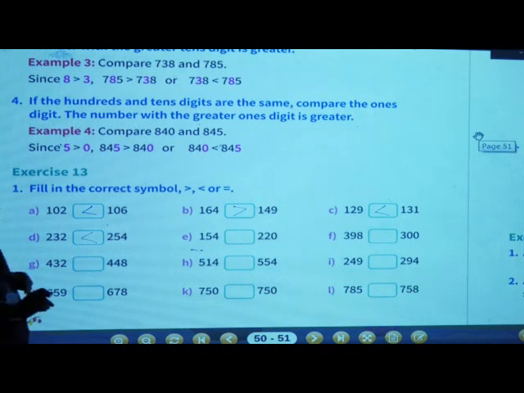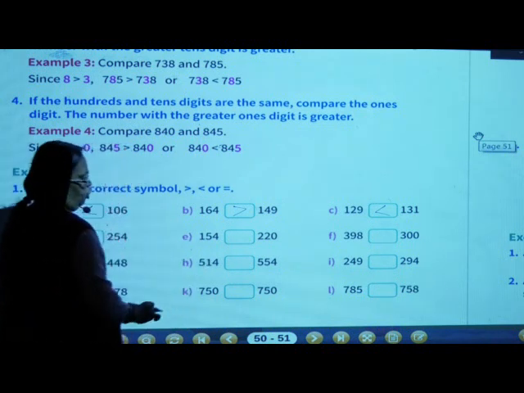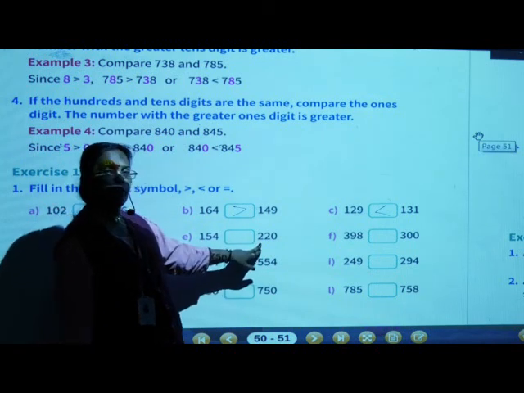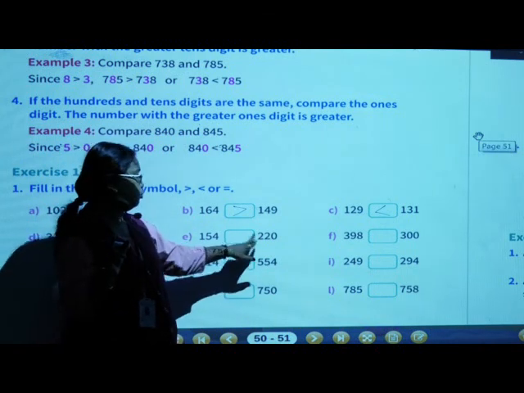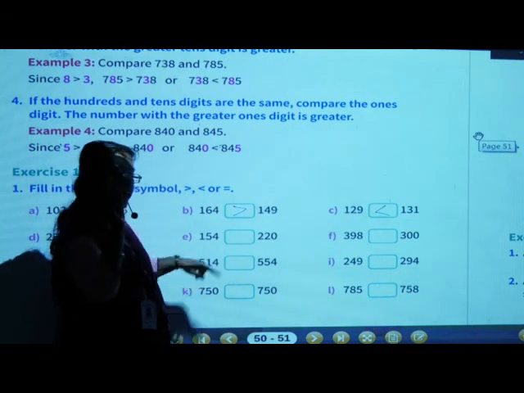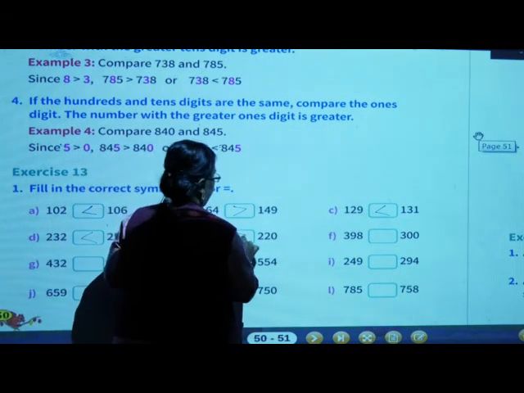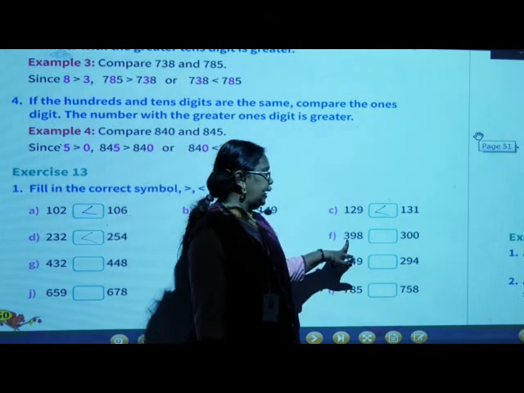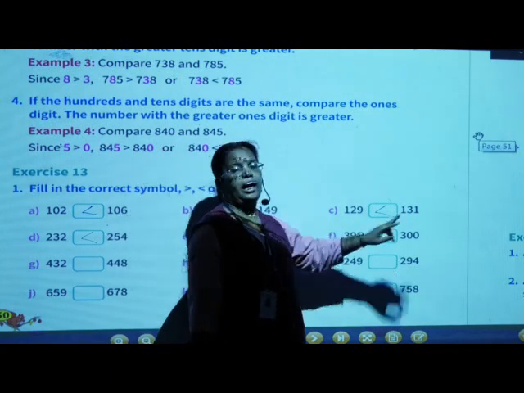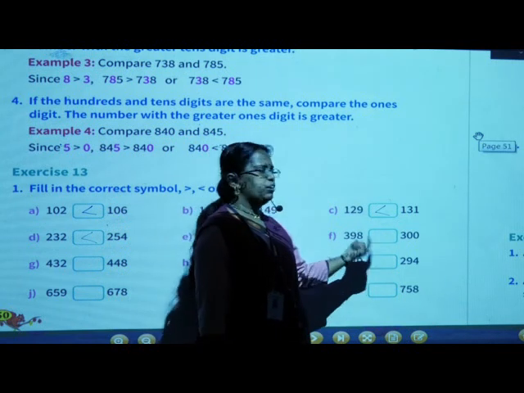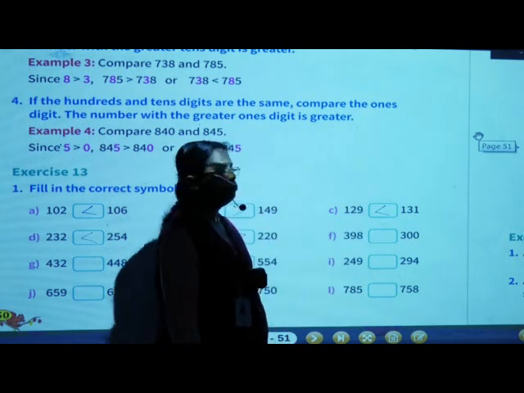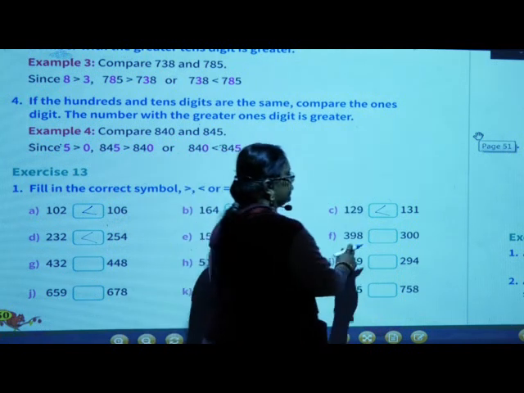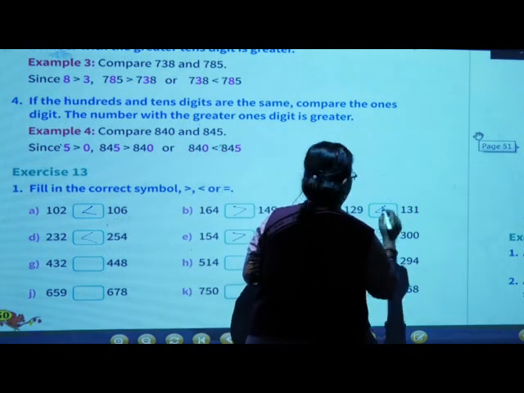The next is, is 154 greater or less than 220? Correct, 154 is less than 220. Then 398 and 300. Between these, which is the greater number? Yes, 398 is greater than 300.